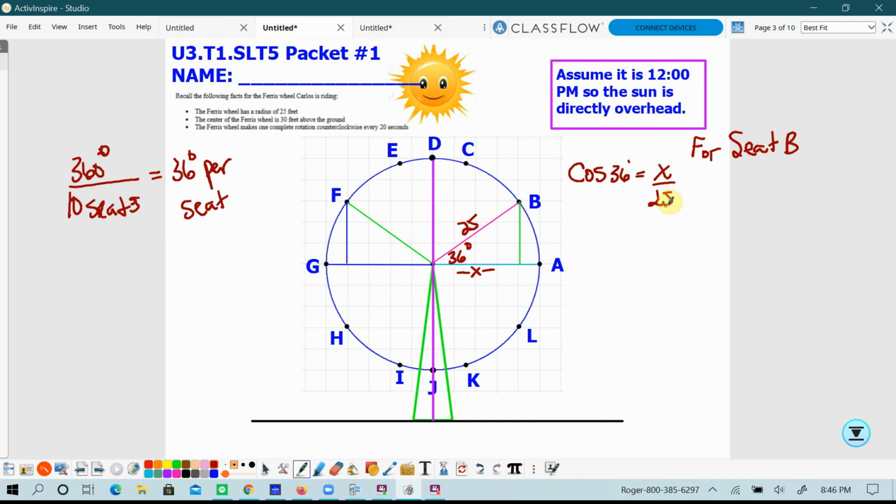Solve for side X. You want to multiply cosine of 36 degrees by 25.